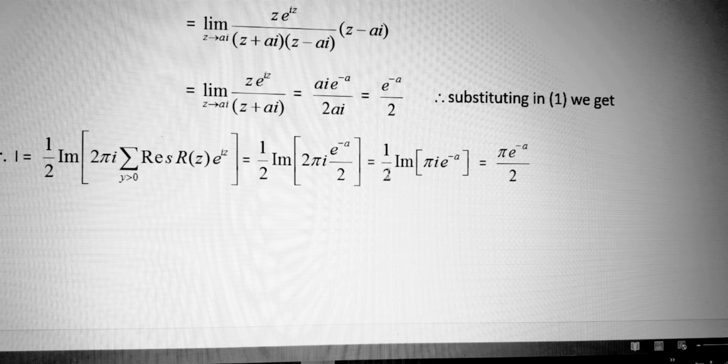Cancelling 2, this is half of imaginary part of pi i e raised to minus a, which is equal to pi e raised to minus a by 2.